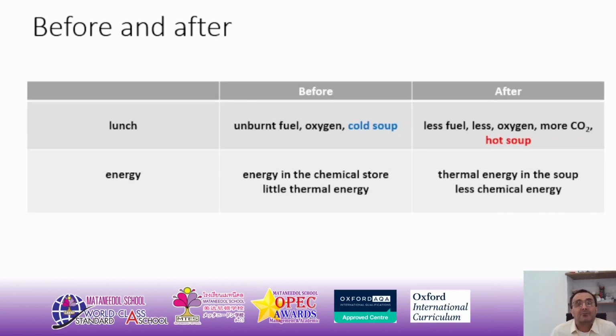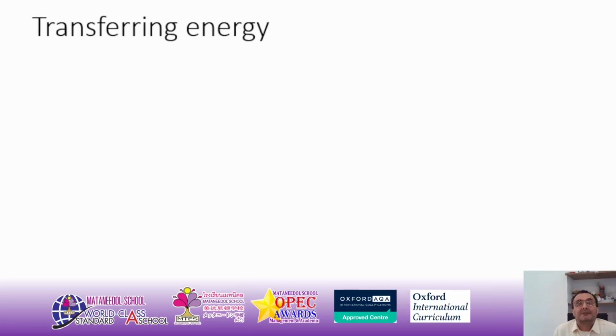So an example, lunch, unburnt fuel, oxygen in soup, we cook it, we've got less fuel, so we've got less chemical store, we've got less oxygen, and we've got hot soup. Energy in the chemical store has been changed to thermal energy.